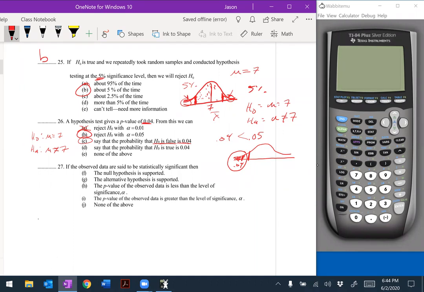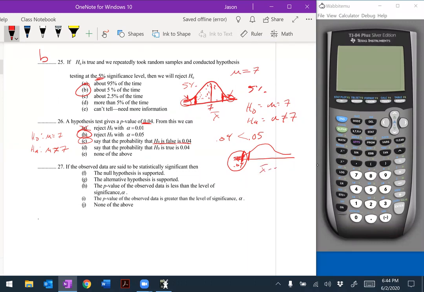D, say that the probability that H0 is true is 0.04. No. Because that p-value comes to us from a certain z-score, and that z-score is based on my sample.